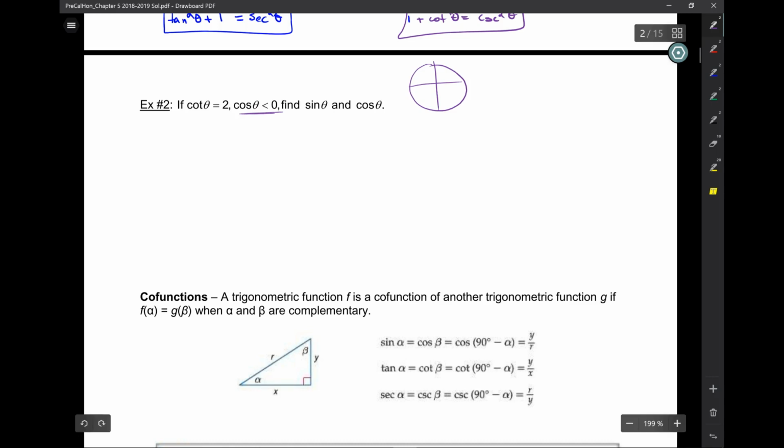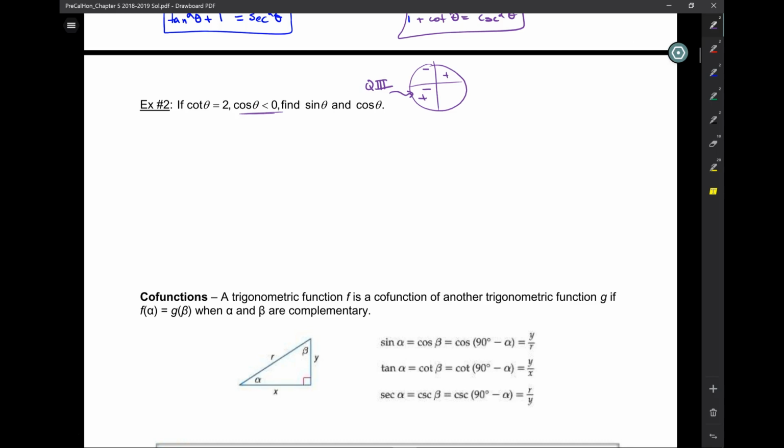Okay, so if cosine is negative, which two quadrants are we looking at? 2 and 3. Here and here. Cotangent is positive 2. Which two quadrants are we looking at there? 1 and 3. So our answers here are going to be in quadrant 3. Okay? So what does this problem tell us?